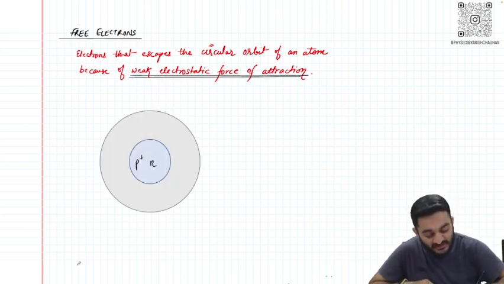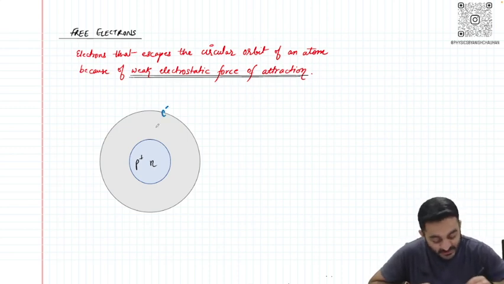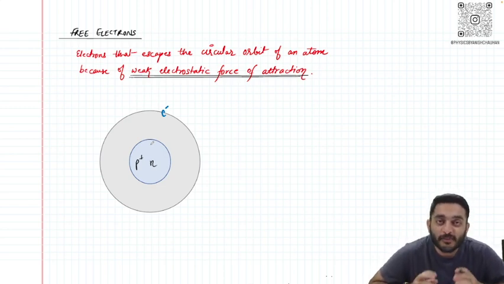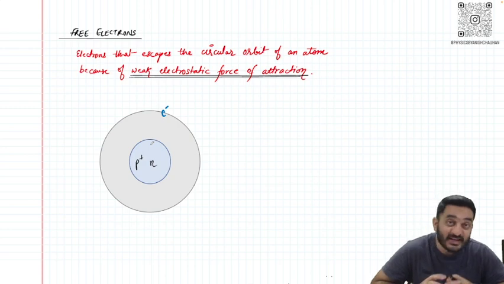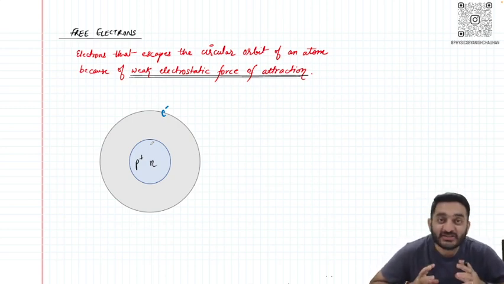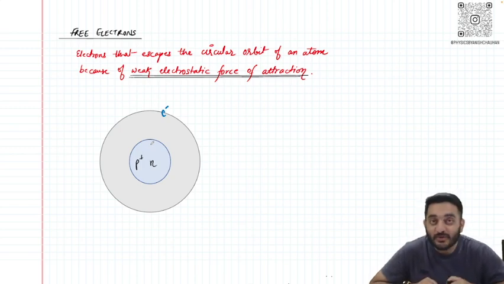Now what we need to understand is that when we talk about an electron moving around the nucleus, the nucleus has proton and neutron. Proton has a positive charge, and neutron is electrically neutral. So basically the net charge of our nucleus is positive and the electron is negative.